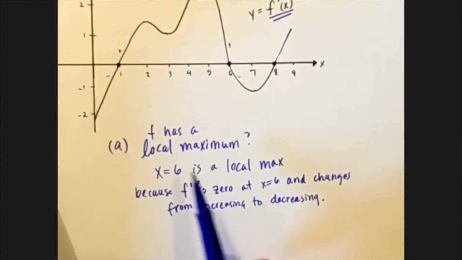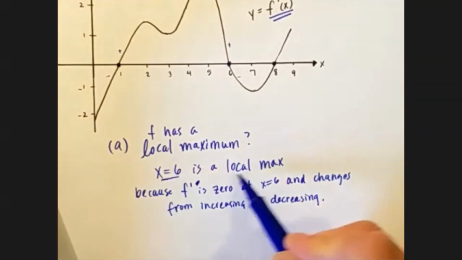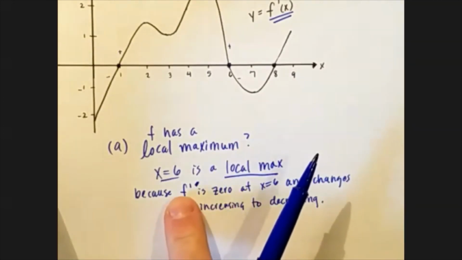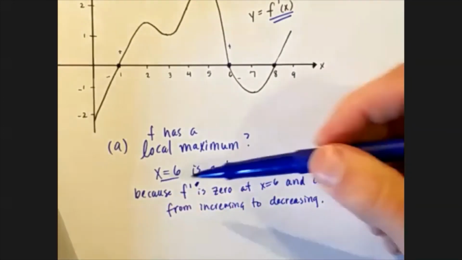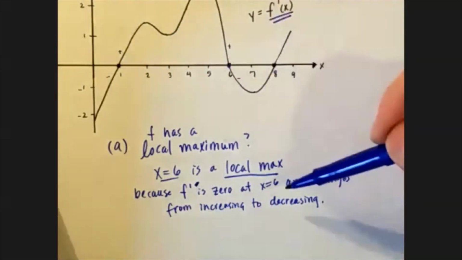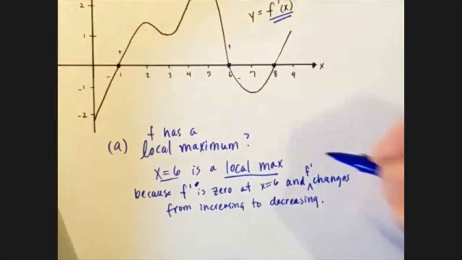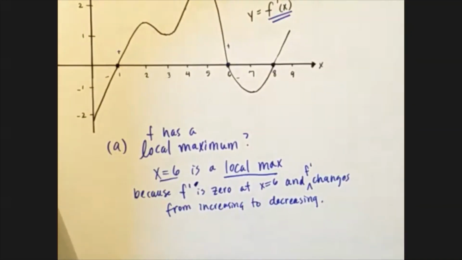So I'm saying very specifically, x equals 6 is a local max. That's what it asked me. And I'm referring to my f prime to answer this. So f prime is 0, and maybe I should say, and f prime changes from increasing to decreasing.